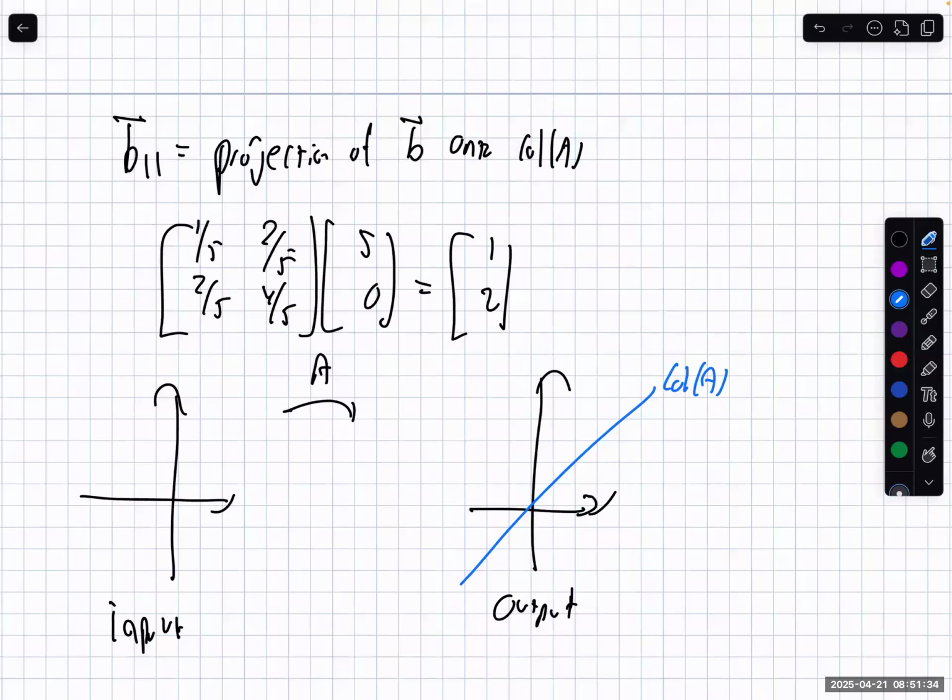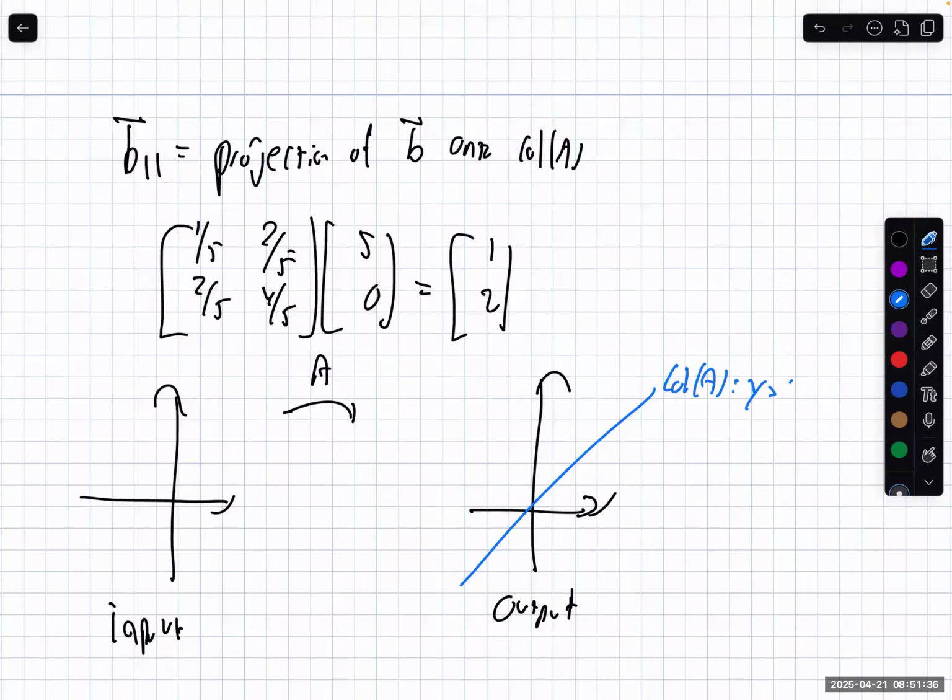The column space of A is the line y equals 2x. Here is the output we're trying to get, which is impossible. This is what we can't get.